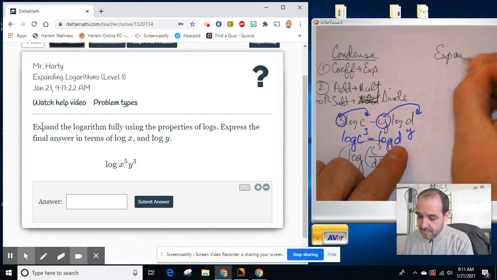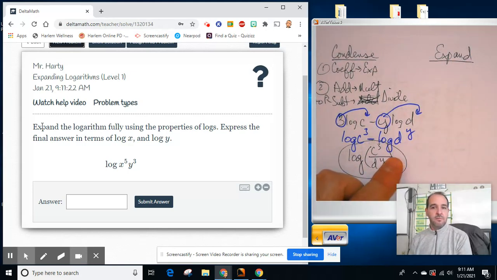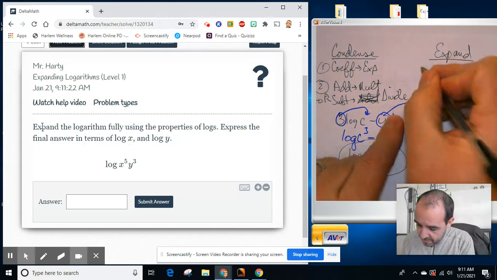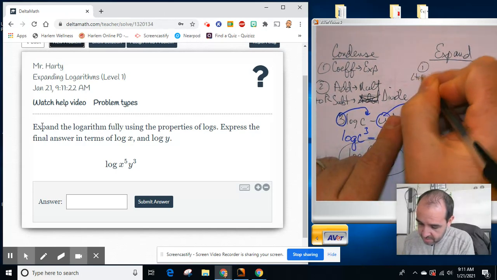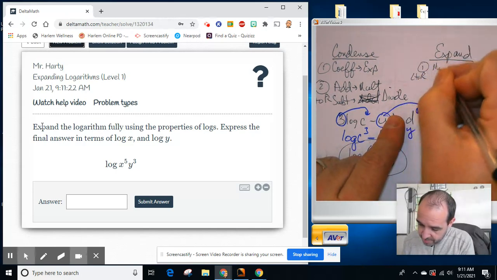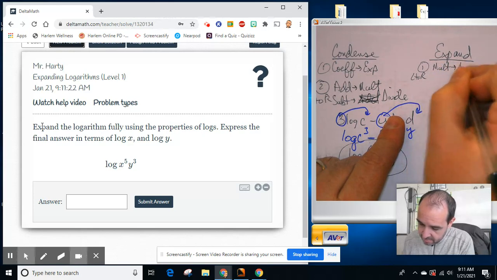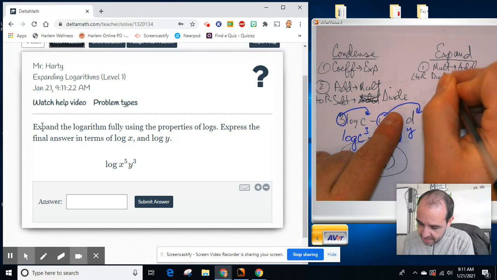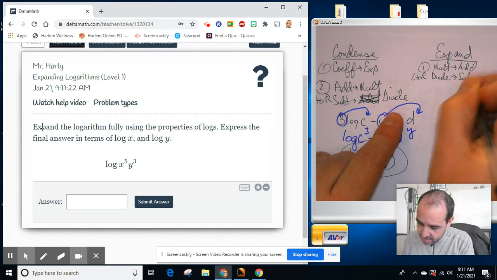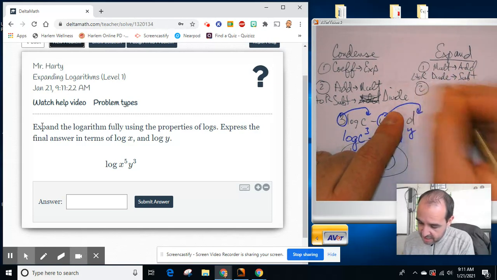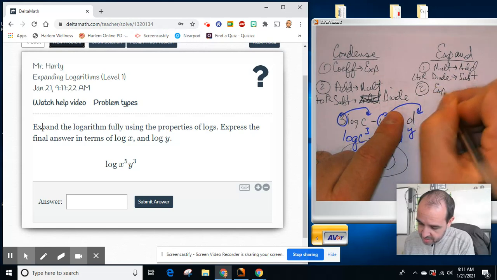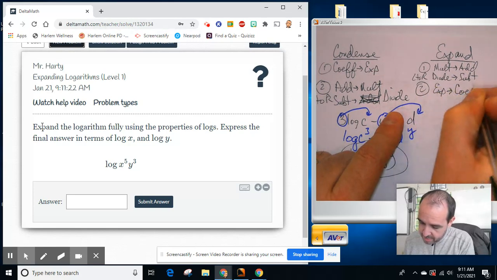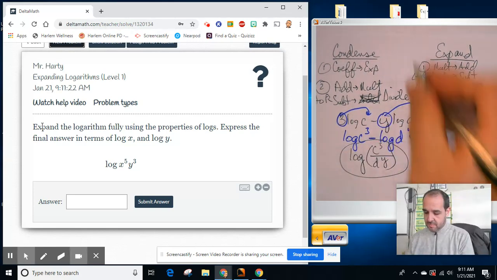It's just, everything's opposites. Okay, so my first thing, left to right, is going to be multiply becomes add. We're just inverting all of this. Divide becomes subtract. And then after that's all done, if I have any exponents, they're going to become coefficients.